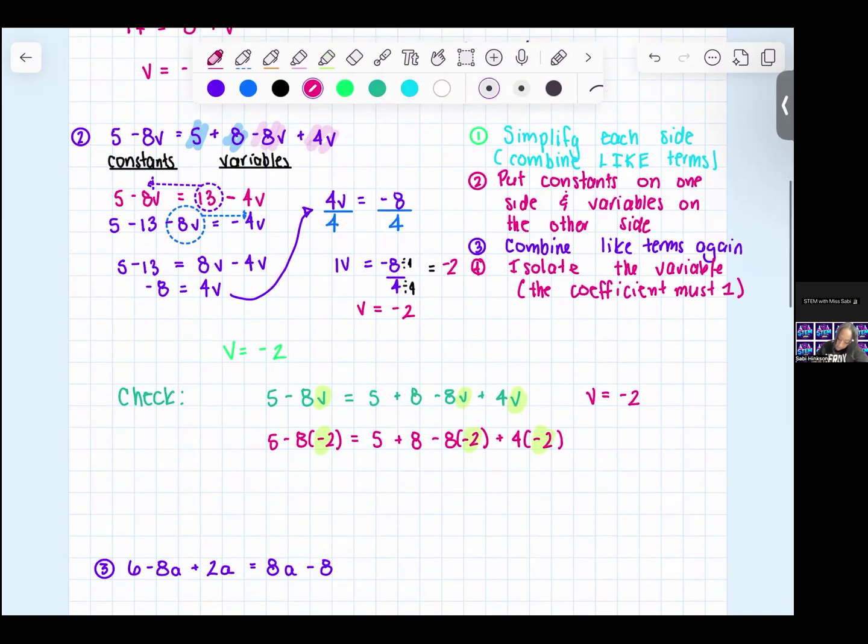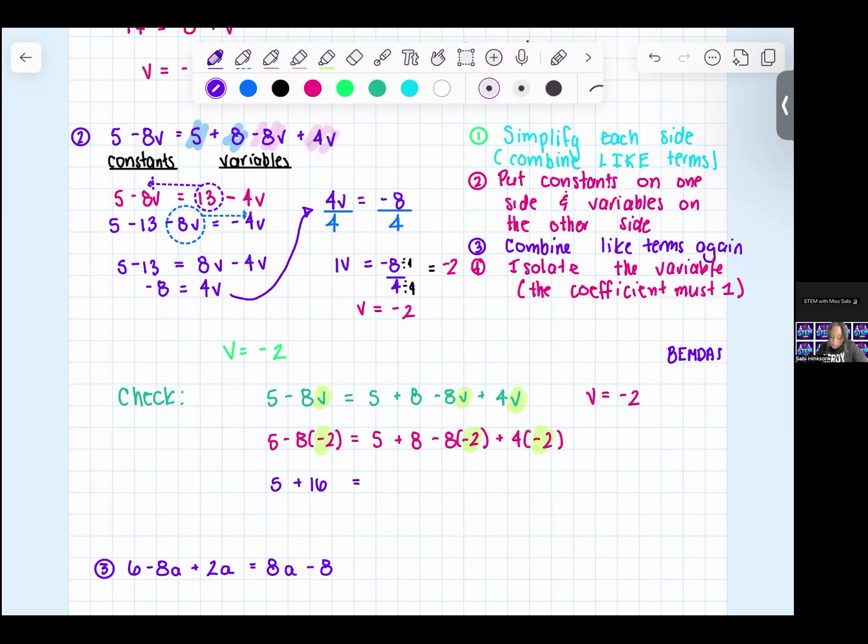So let's go ahead and simplify. We have to do order of operations. So don't forget BEDMAS. Brackets, I don't really have brackets. Exponents I don't have, multiplication I do have. So over here, I'm going to have 5, and then we have -8 times -2, which is +16, right?